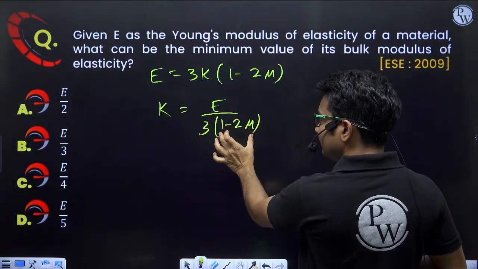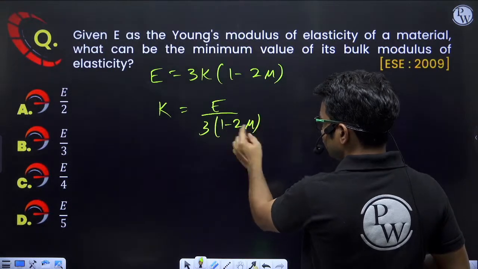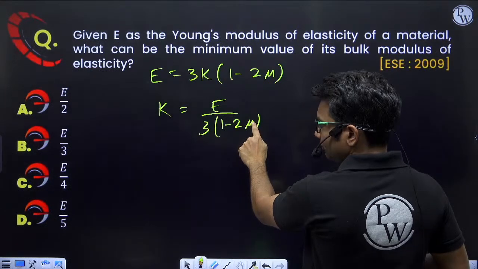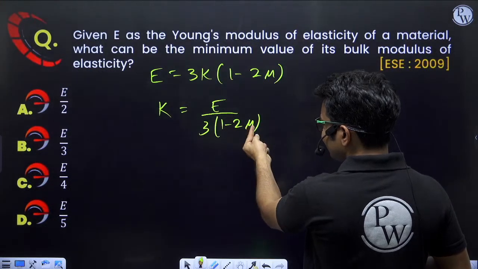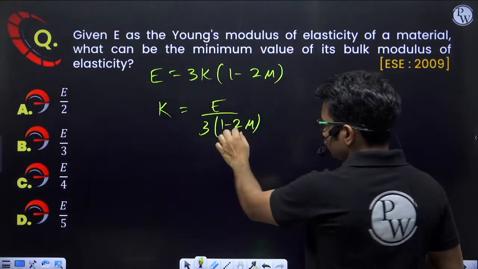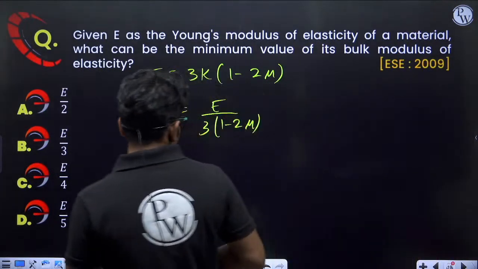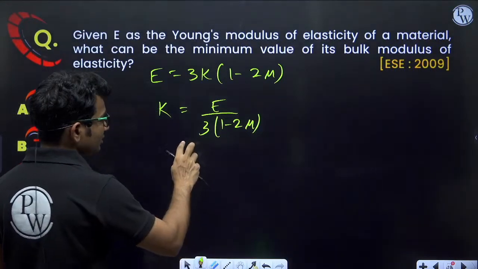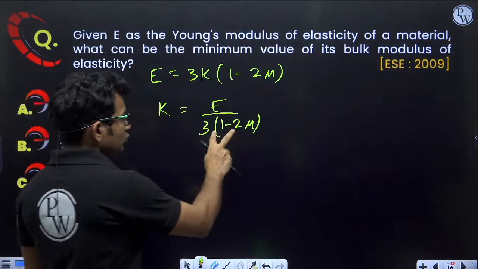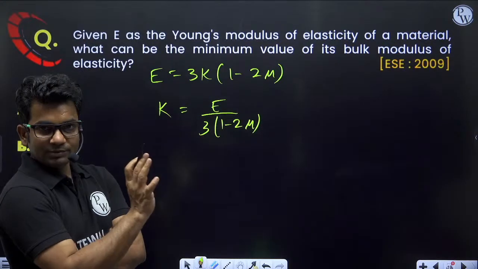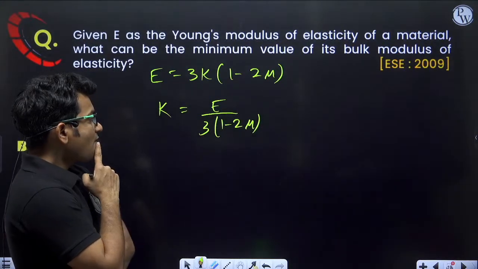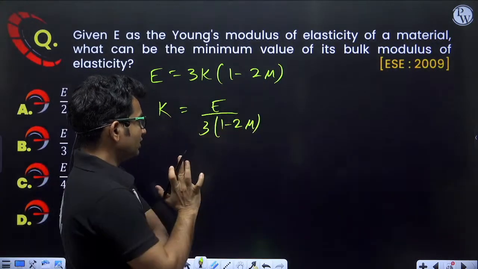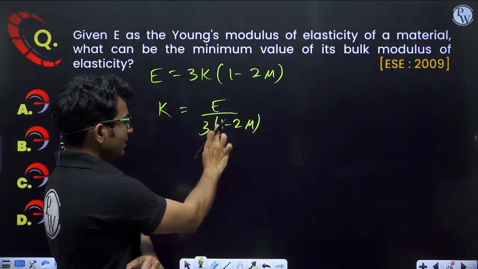And when will the denominator be maximum? When 1 minus 2 mu is maximum. Only then can we get the minimum value of K. 1 minus 2 mu will become maximum when mu is equal to 0, when this value becomes equal to 1.